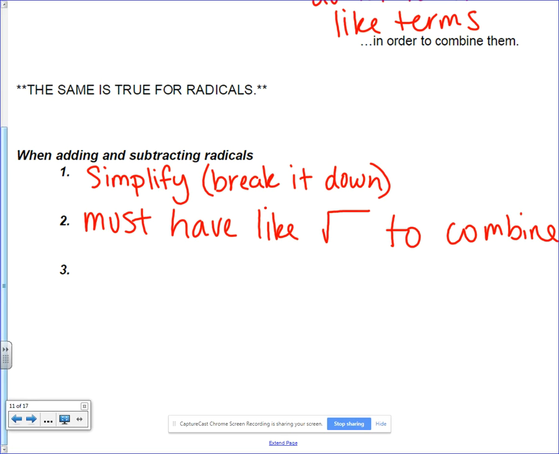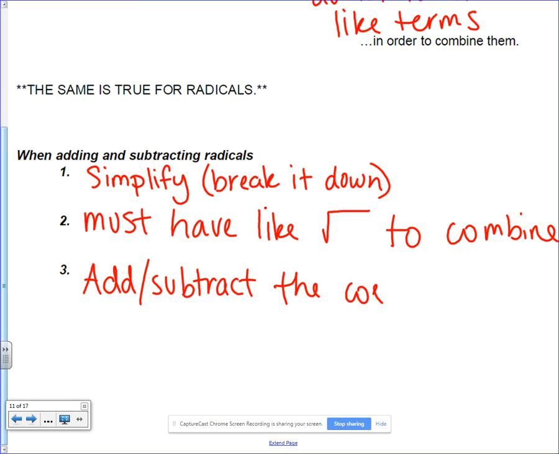If they are alike, and if we are going to combine them, what are we going to be adding and subtracting? Do we add and subtract? What part of it are we going to add and subtract? The coefficients. You are going to add or subtract, whatever they tell you to do, the coefficients.